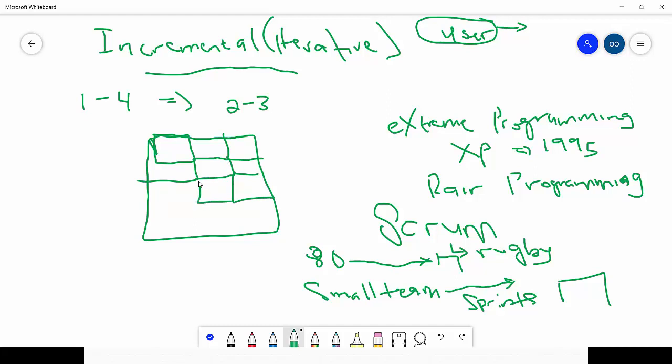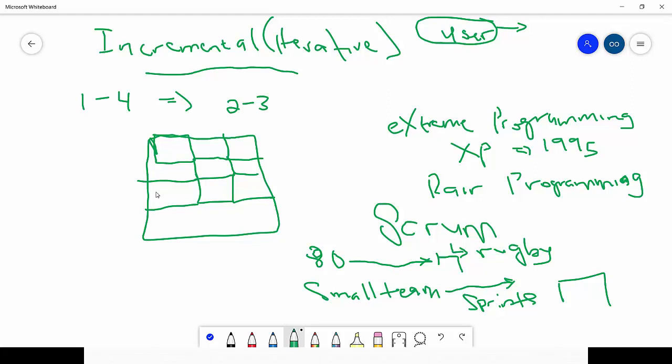So each iteration is one sprint. All right. Now the output of a sprint is the work that the team can accomplish during that sprint. Okay, each sprint will always deliver a usable product.